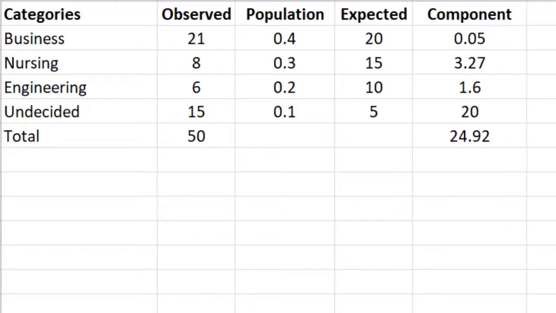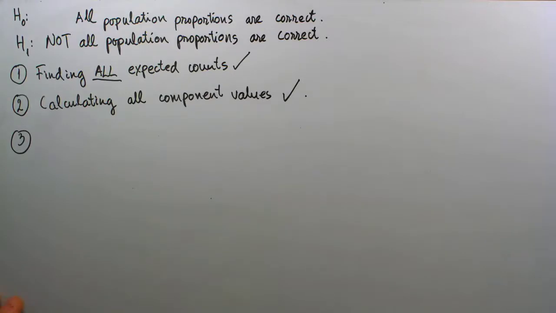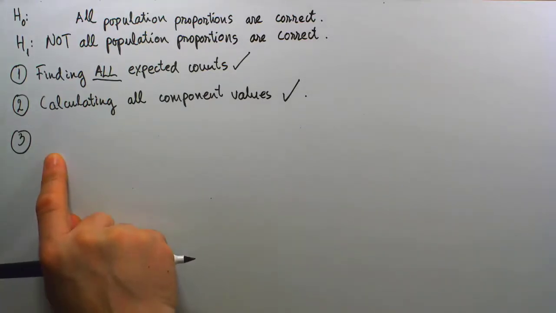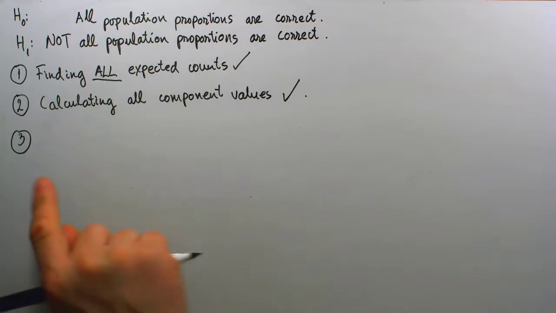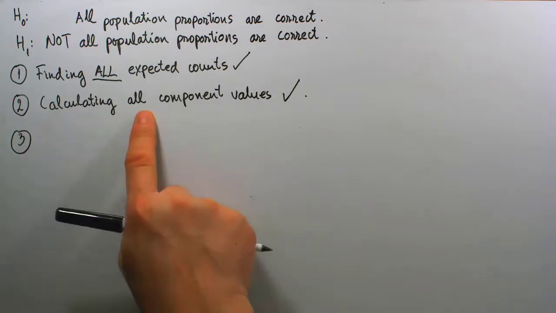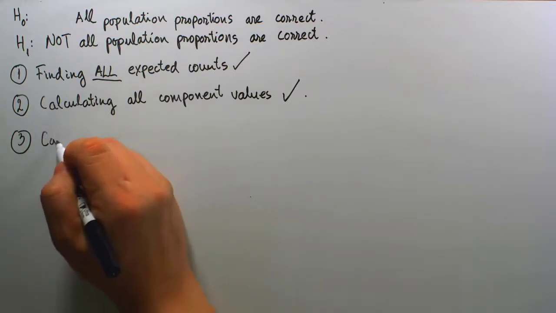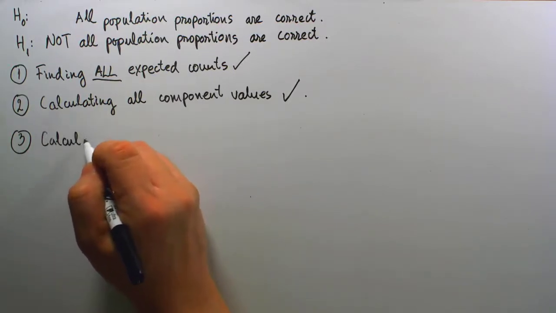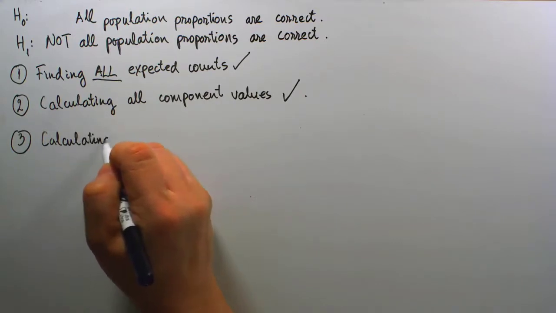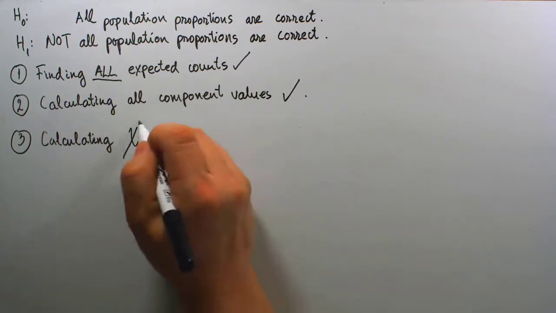Now in that fourth column at the bottom, I decided to put the total here. That's corresponding to this total row here. So this is the total of all component values, and as another name, this is our chi-square value. Formally speaking, after calculating all component values, step 3, or the step right after, is calculating this chi-square value.